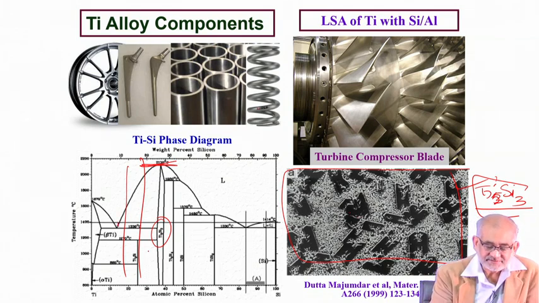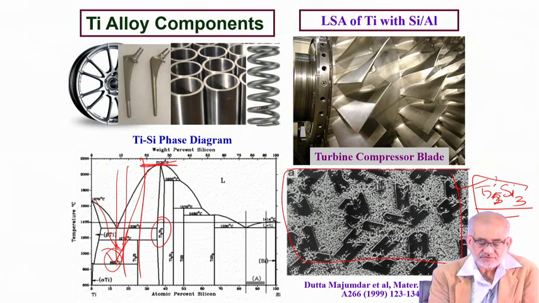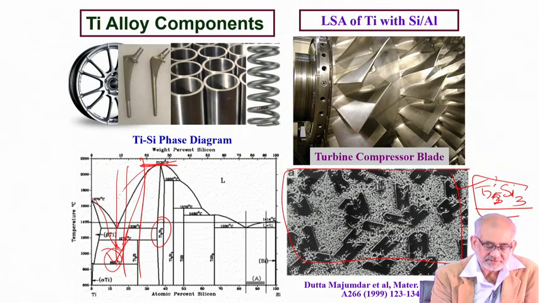But the advantage is that we are able to create this with just a few percent of silicon, because if you refer to the corresponding T0 concept, and if you quench very fast and go below the T0 intersection point, then you can retain an extended solid solution. In this case, we didn't retain an extended solid solution, we allowed phase separation in the form of eutectic, but then this eutectic point actually got shifted because of fast cooling.